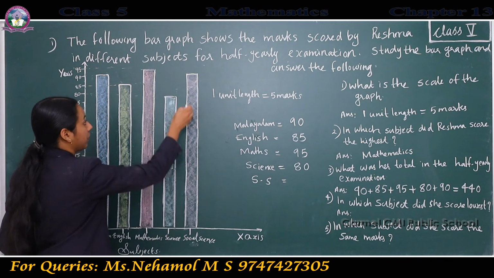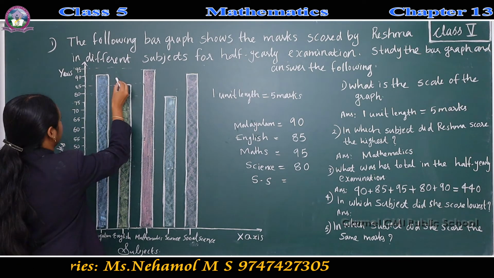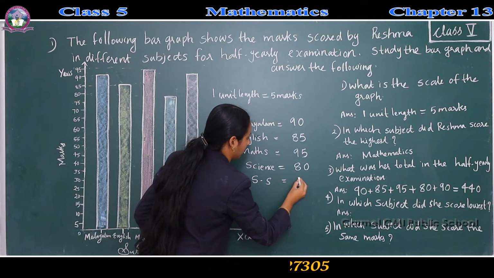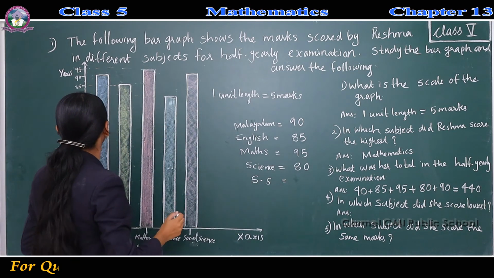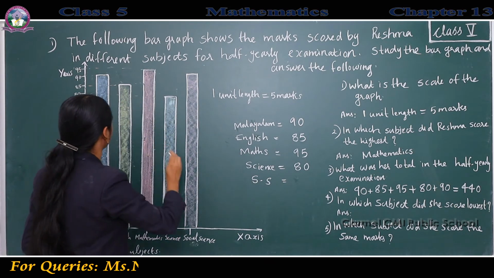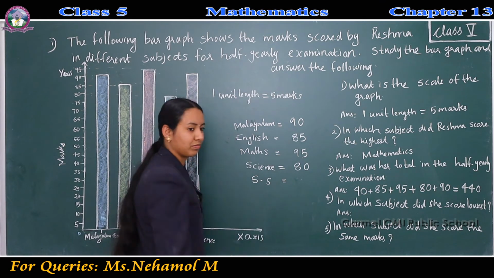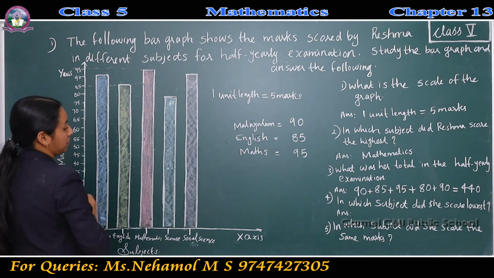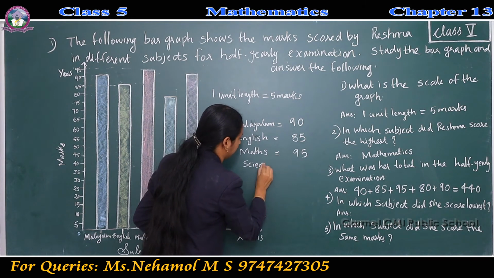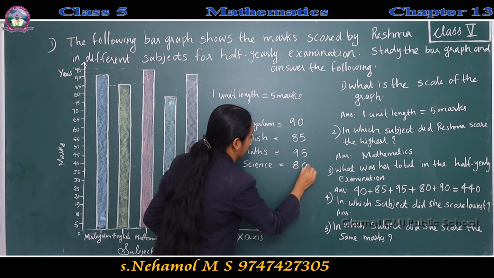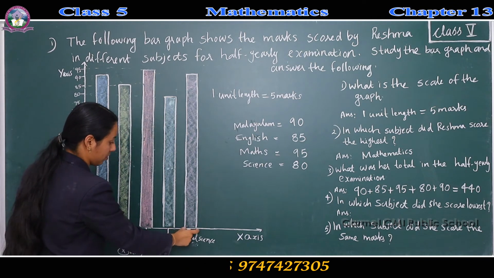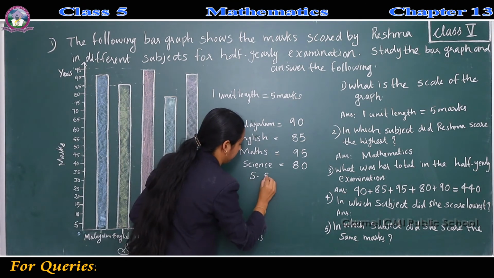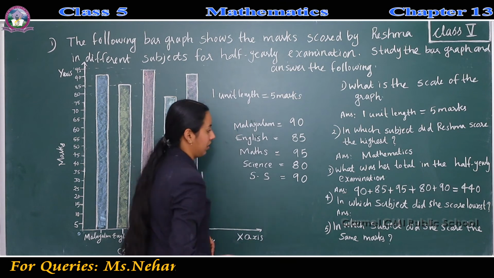For Social Science, 90 marks. Then what is the question?